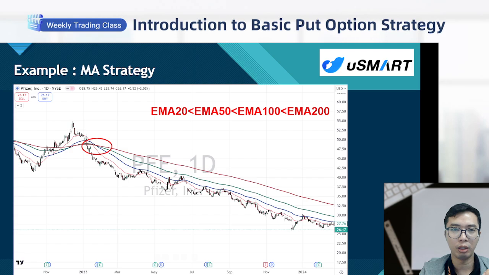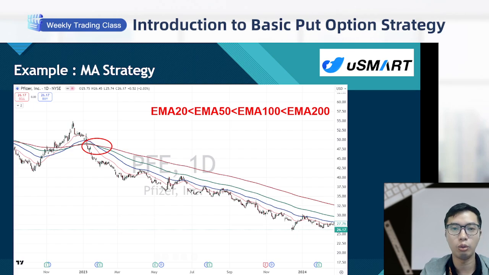For 20 below 50, we can say it is a short-term downtrend. If the 50 is below 100, it's a mid-term downtrend. And if the stock price is below the 200 MA, we can say it is in a long-term downtrend. So we try to avoid long-term downtrend stocks when we go long on the market.